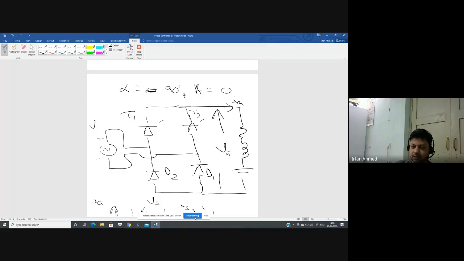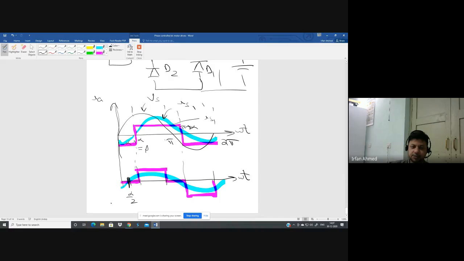But when it is freewheeling, there is no opposition to the flow of current except for this armature resistance and the back EMF. But there is no supply voltage opposition to the flow of current. So your chances of continuous conduction are improved when you go for the semi converter.